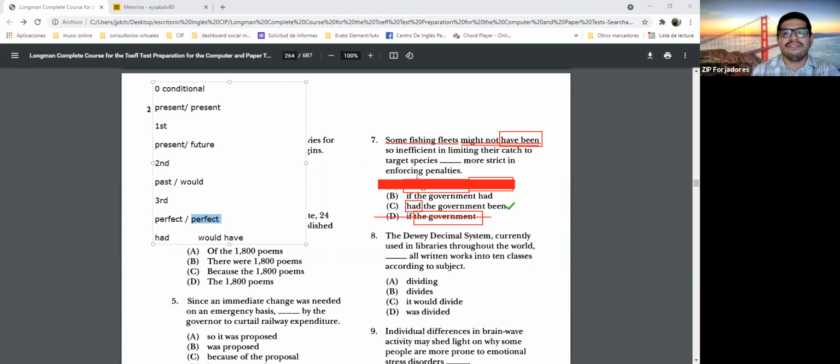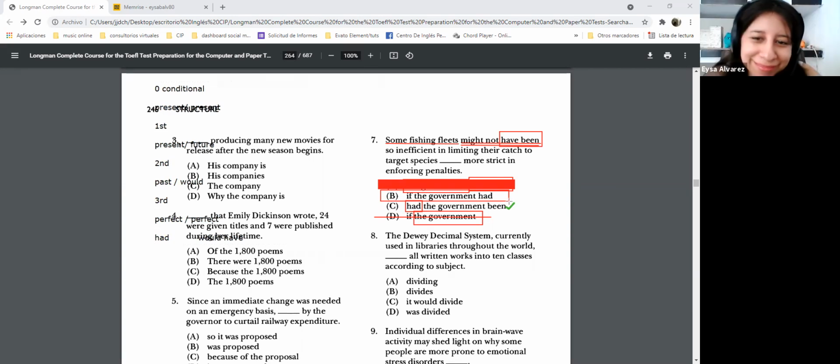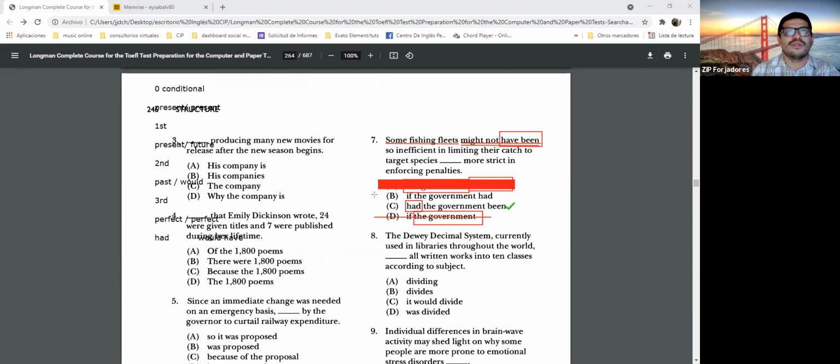So I have to have another perfect tense. And letter B is not perfect. Letter B is past simple. You understand? Yes. All right. So that's why we are going to write letter C, and it's inverted.